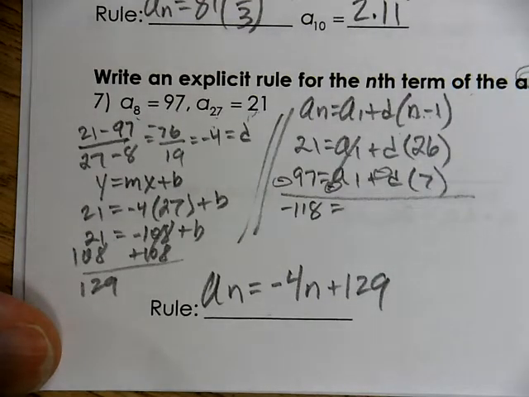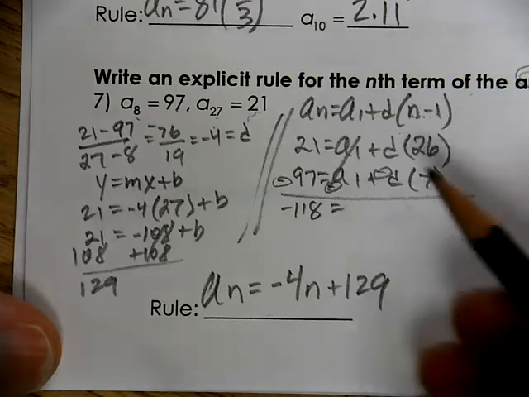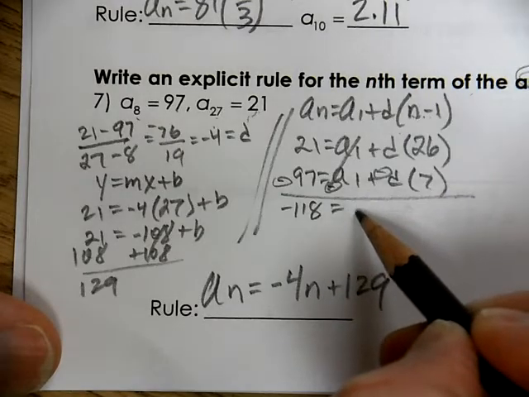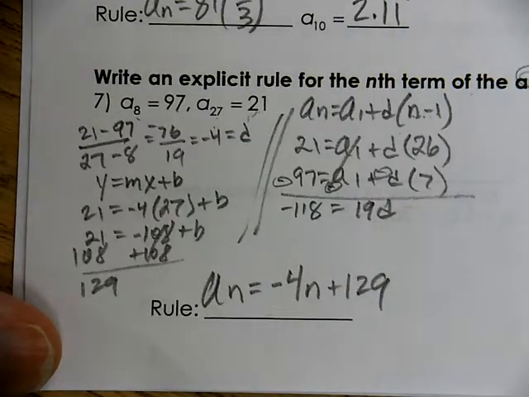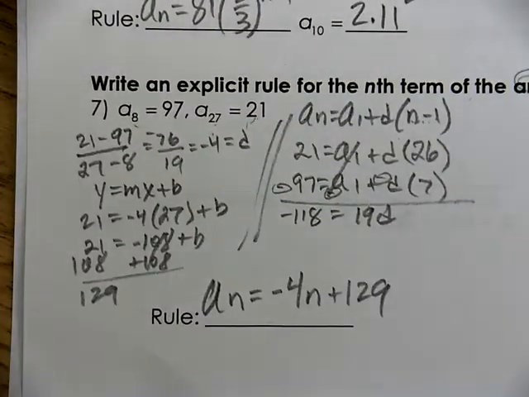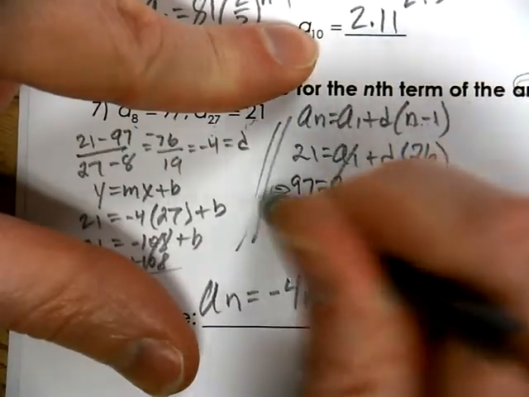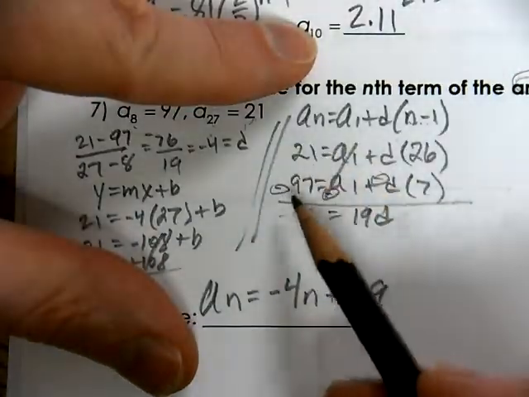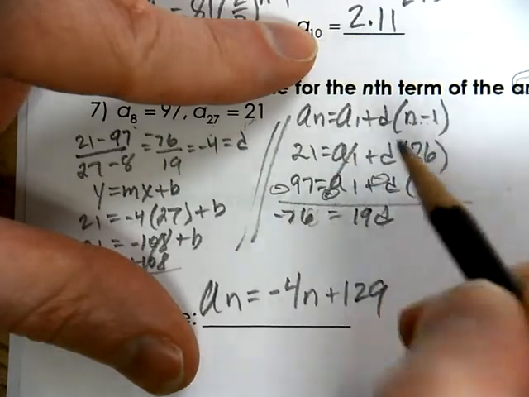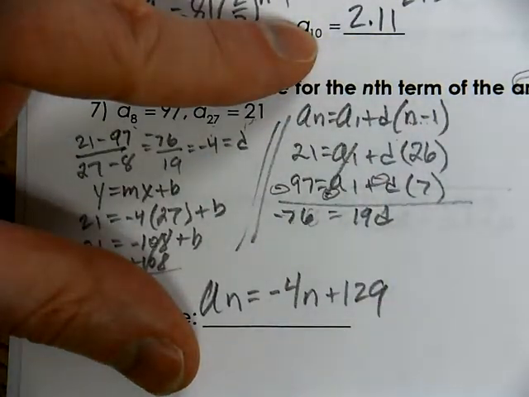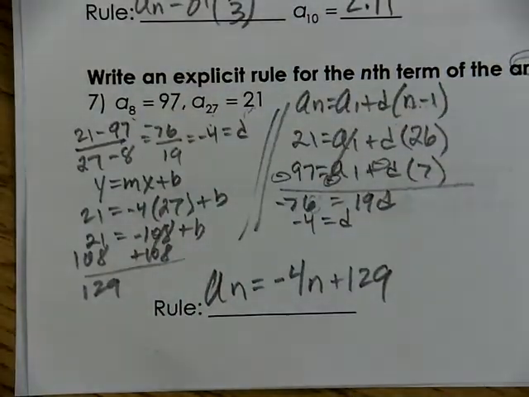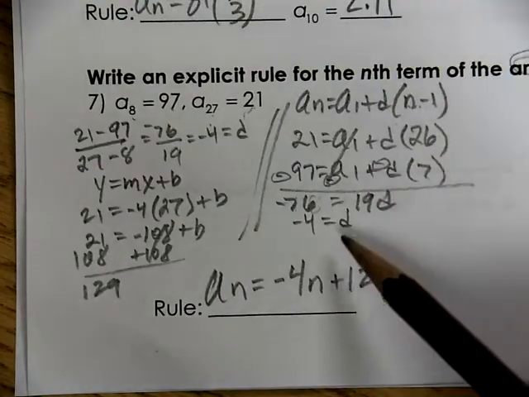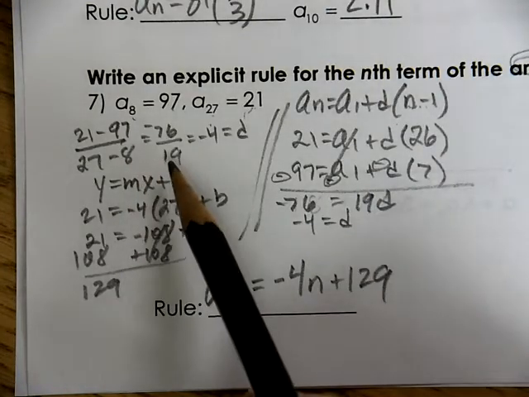So our 26 minus our 7 gives us 19d. Well, you know what, 21 minus 97 is negative 76. Okay, and that we know when we divide it by 19, we get negative 4.